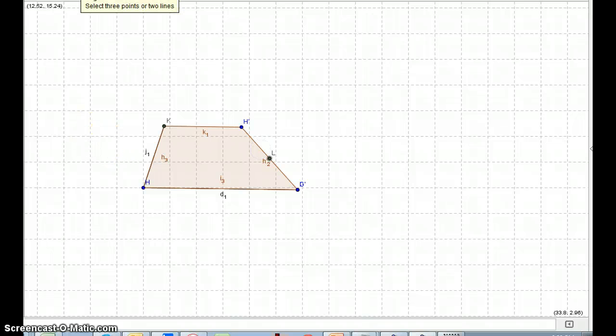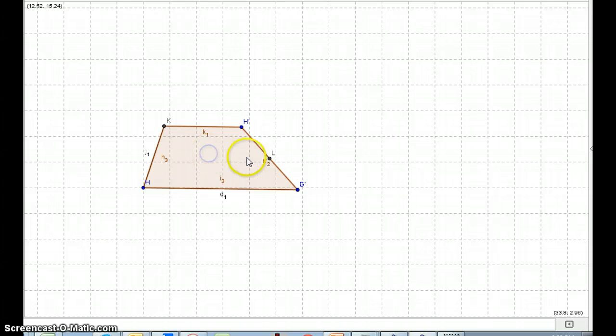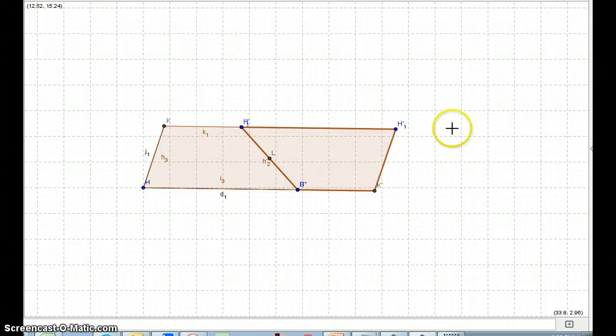So if I were to rotate this trapezoid around point L, I have copied this figure, so this angle is the same as this angle. This angle is the same as this angle.